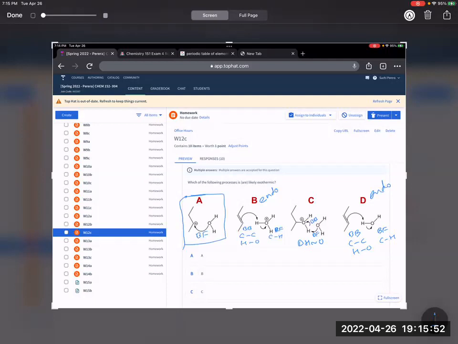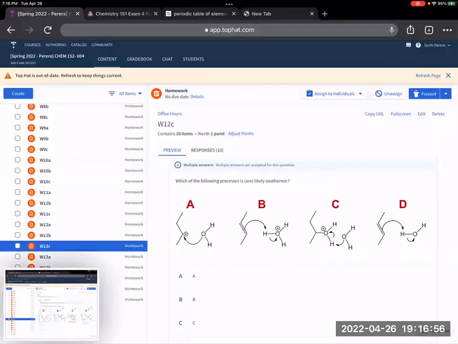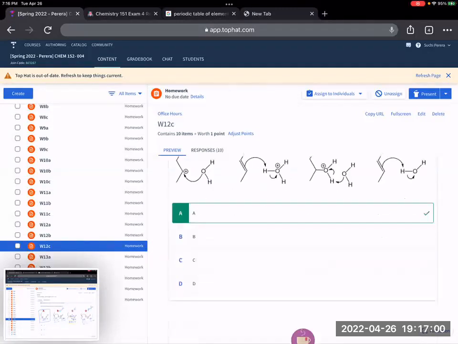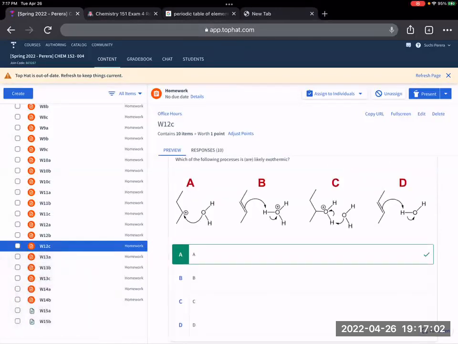Therefore, I think the only exothermic step here would be option A. Anyway, let's see what top hat has as the correct answer for this. Okay, so it's going to be just A, which is correct.